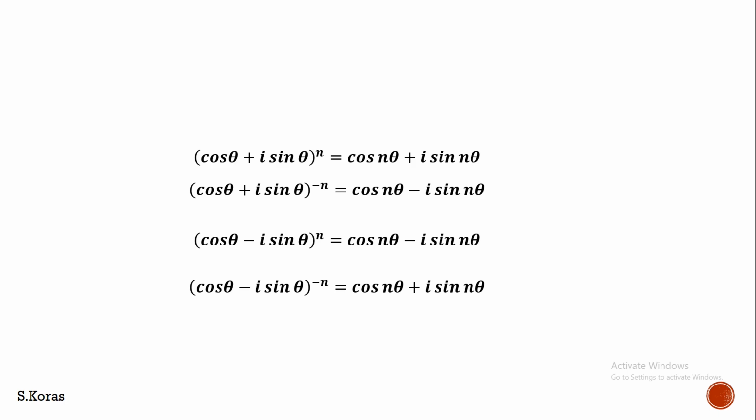We can follow a shortcut here to do this very easily. Just multiply this power sign with the middle sign. Plus into plus, plus. Then this middle will be plus i. Minus into plus is minus i. Here plus into minus is minus, you can write minus.